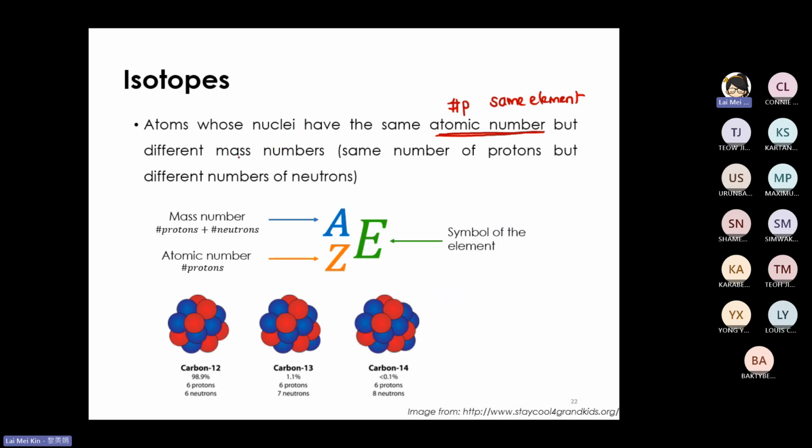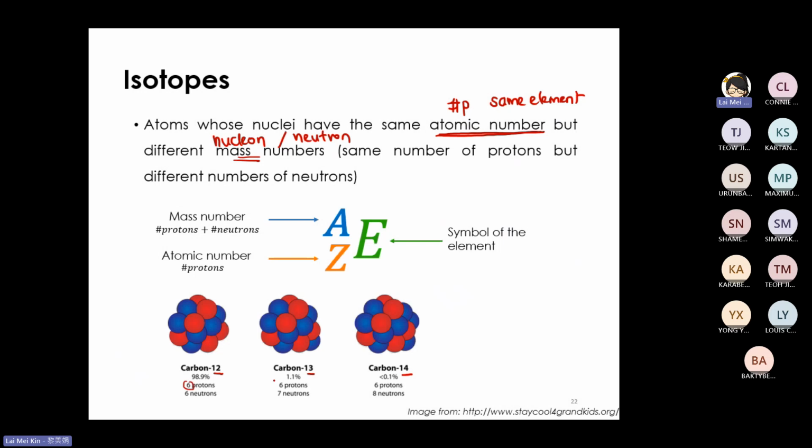But different mass number. What is mass number? Nucleon number. As I mentioned before, different nucleon number, different neutron number, also acceptable. As long as you understand they are the same element, just that they have a different number of neutrons or nucleon number. For example, carbon-12, carbon-13, carbon-14.